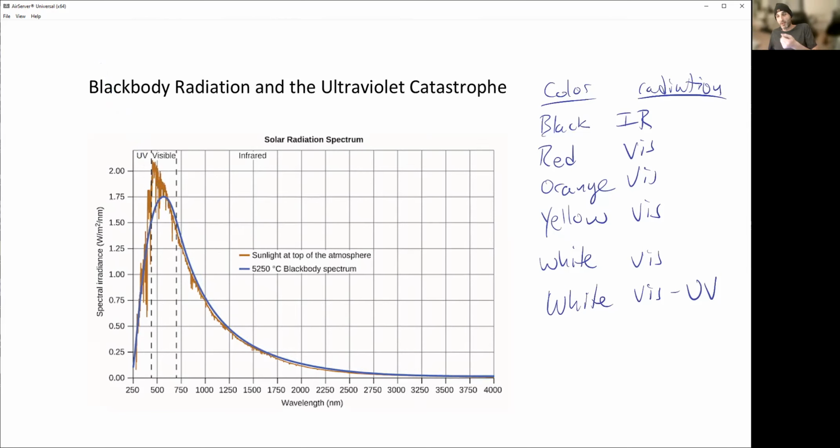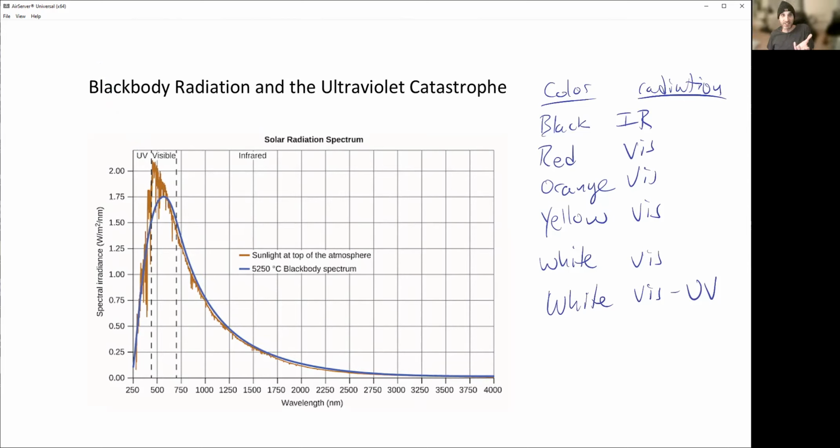So black body radiation and the ultraviolet catastrophe. If classical physics held true, by heating something up, eventually you're going to produce UV radiation. Ultimately, you end up in a situation where you're not going to see any light, and you're just going to get UV radiation emitted from regular everyday objects.